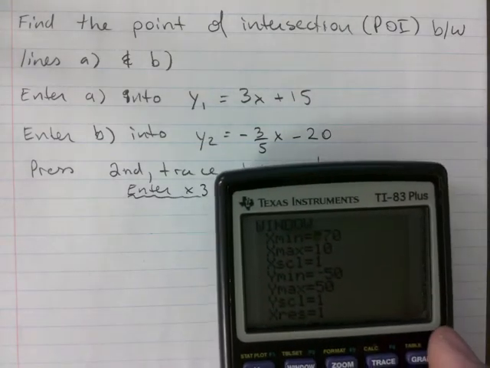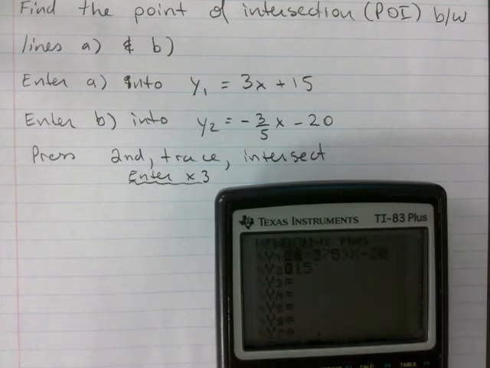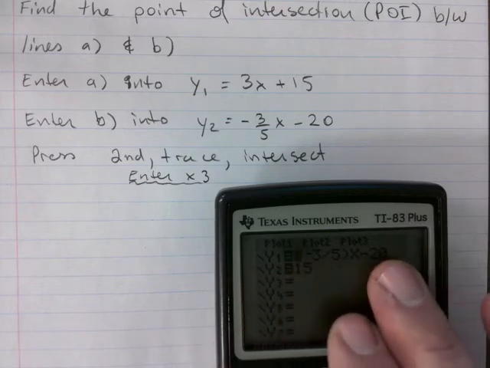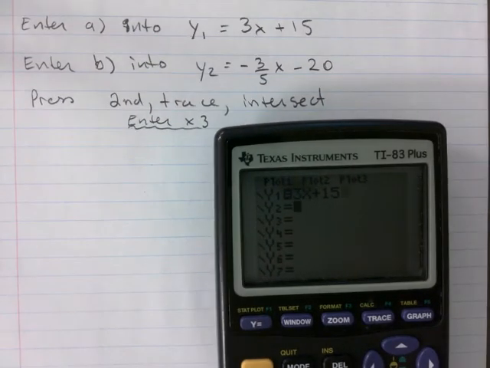Grab your calculators and let's go ahead and actually do that. Press y equals. I will just tell you clear everything right now, okay? And let's do it exactly the way I'm telling you. You could have left this one in y1, but I'm going to tell you to clear everything just so we're all on the same page. So 3x plus 15, enter, and then bracket negative 3 over 5 x minus 20.